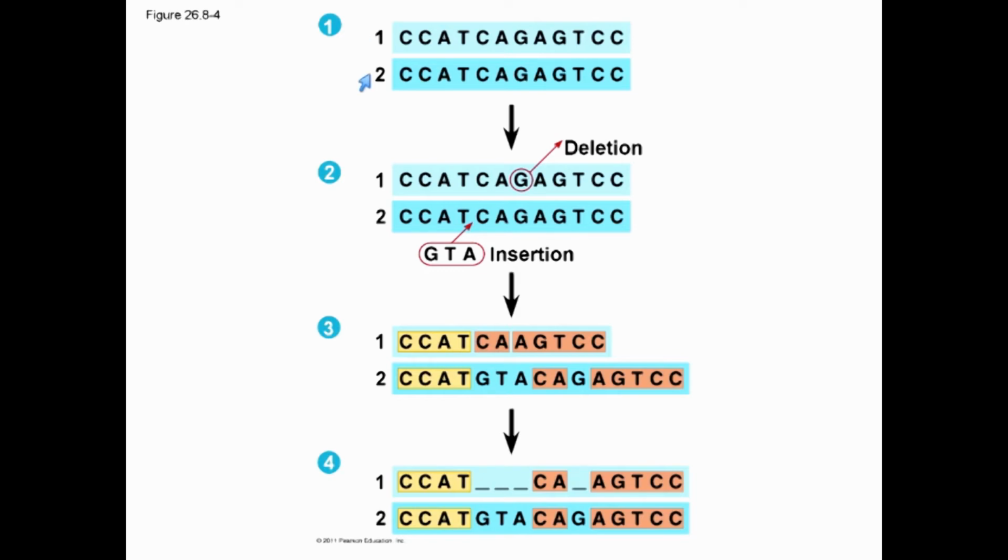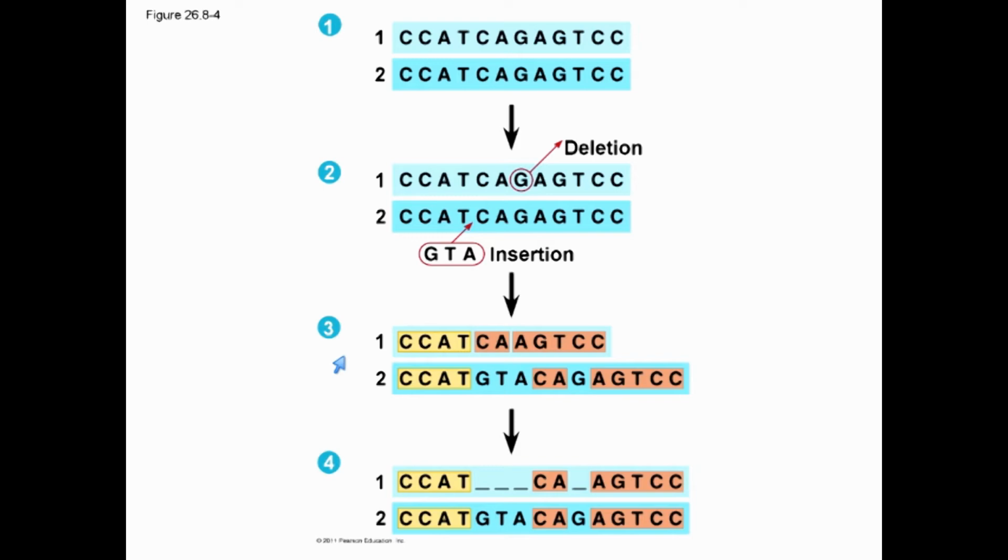We're looking at two sequences of DNA. And 1 and 2, pictured here at number 1, they're exactly the same. As we go through evolutionary time, sequence 1 has a deletion. Sequence 2 gains an insertion of 3 nucleotides.